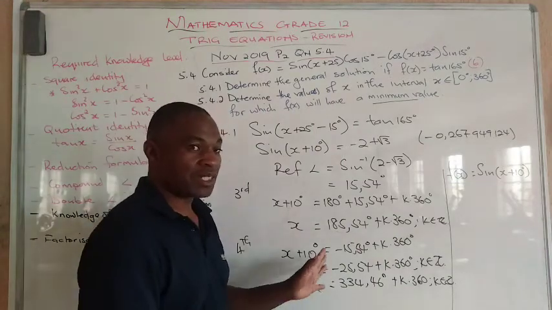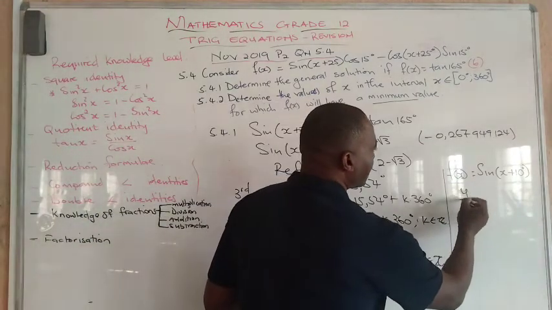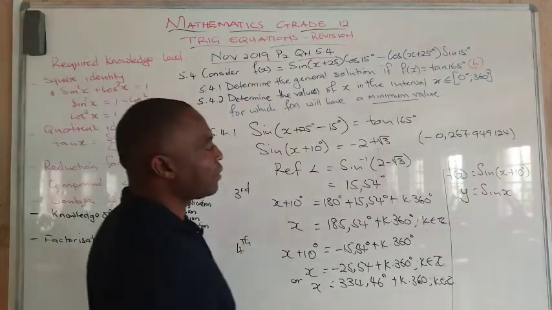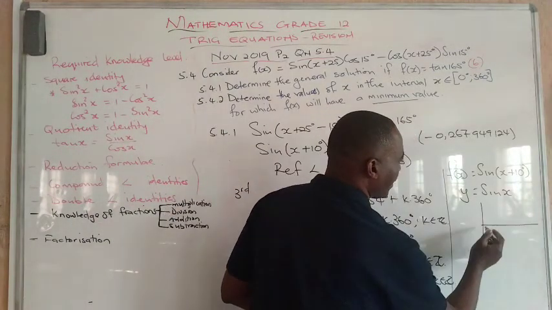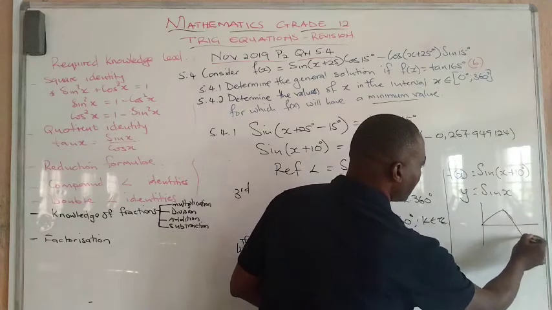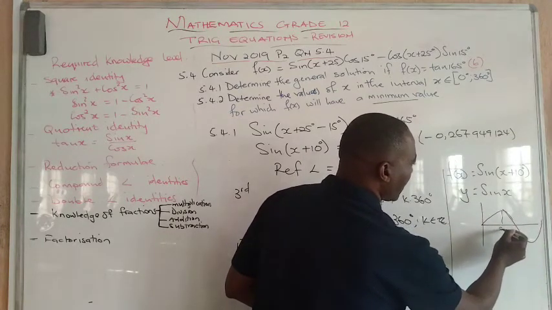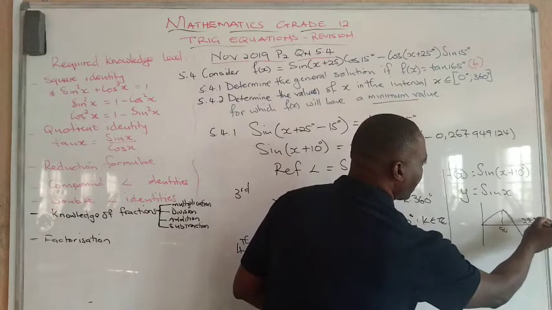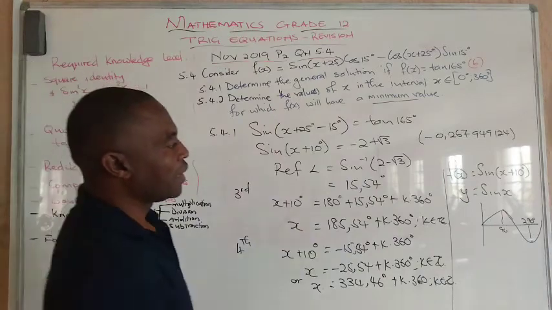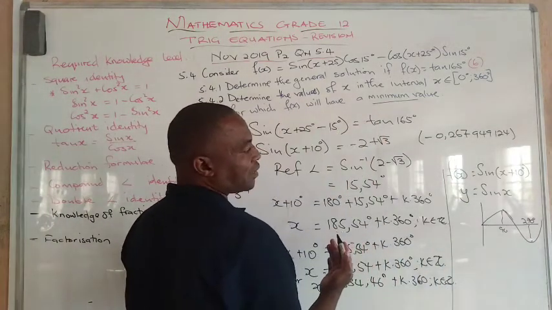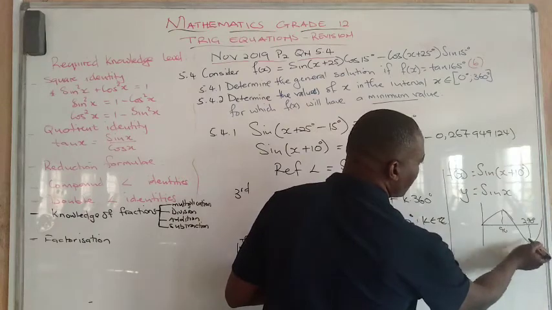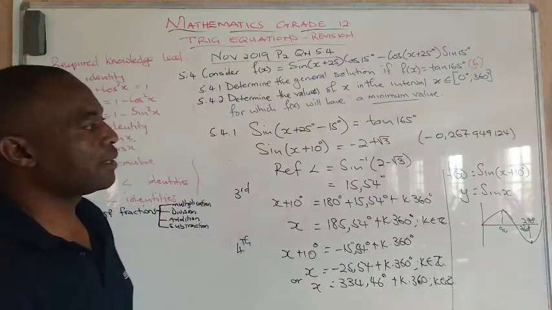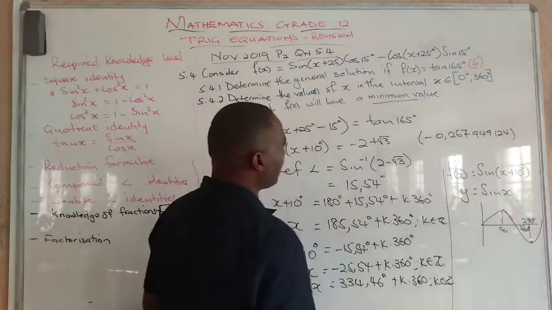So let's picture ourselves in this sense. In the graph of sine x, we know that the graph of sine x passes through the origin, attains the maximum at 90, the minimum at 270 degrees. So if we shift this graph 10 degrees to the left, this minimum will now be at 260 degrees. And that is the solution which the question wants.